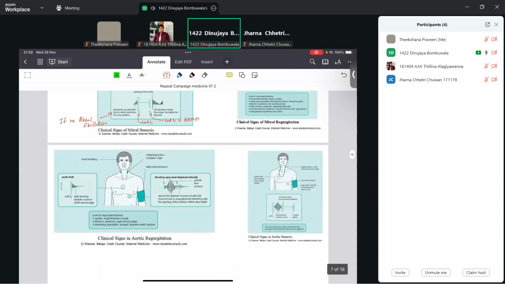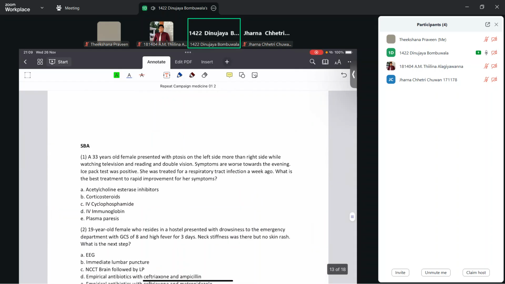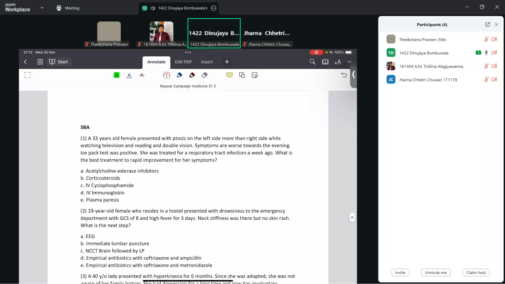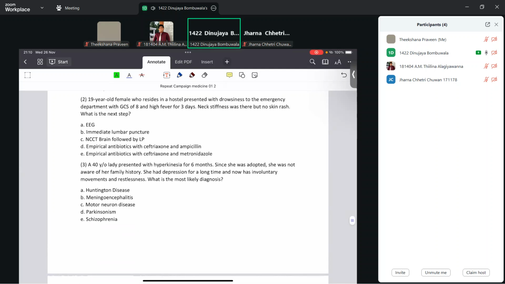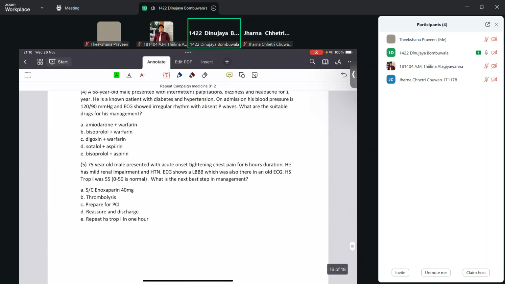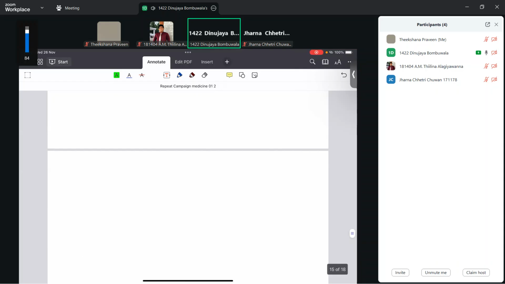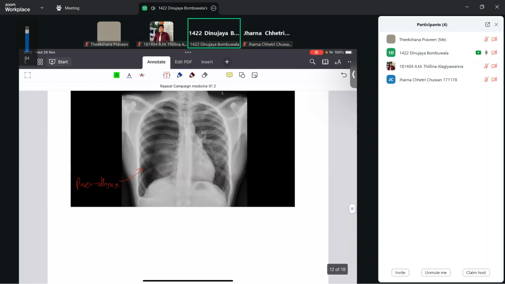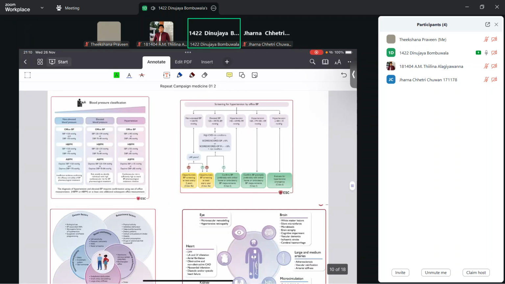In the SBAs, the first three are neurological, and then there are questions about acute coronary syndrome, two cardiology questions. So there are some categorized topics regarding these MCQs as well.